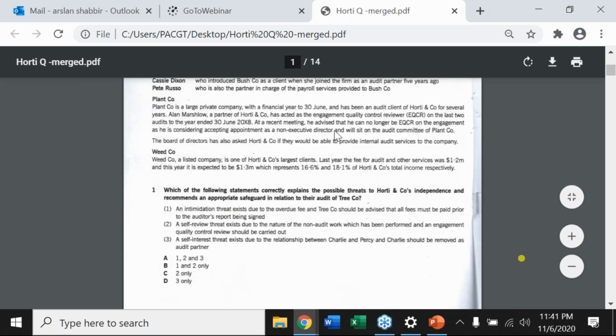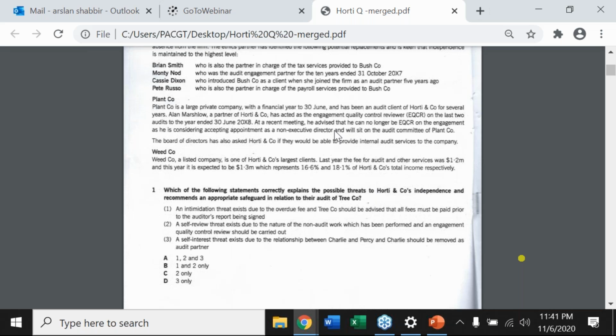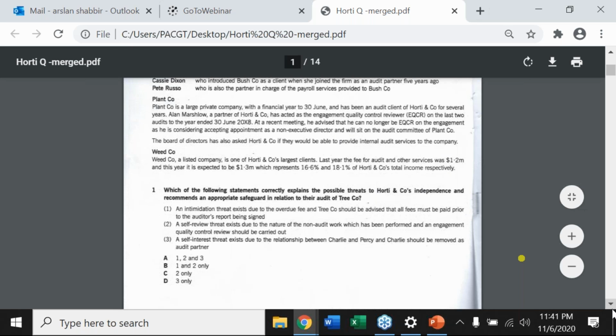Please read it, and then I will scroll down. It will take 10 to 15 seconds more.